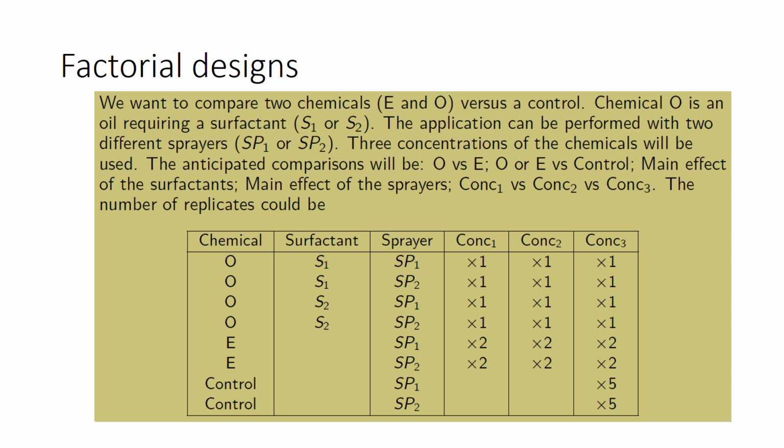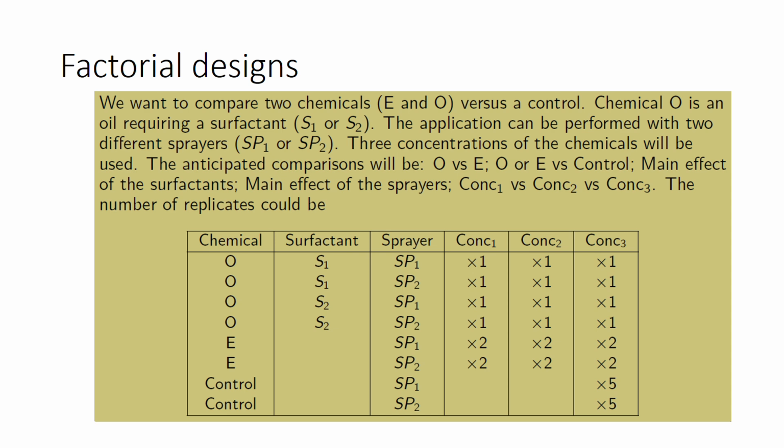So for instance, let's say that you want to see what is the effect of applying two chemicals that you call E and O versus a control, and the chemical O requires a surfactant that you have two possibilities, and all these treatments can be applied with two different sprayers that change the drop size. So maybe the drop size also has an effect, and you can also use different concentrations.